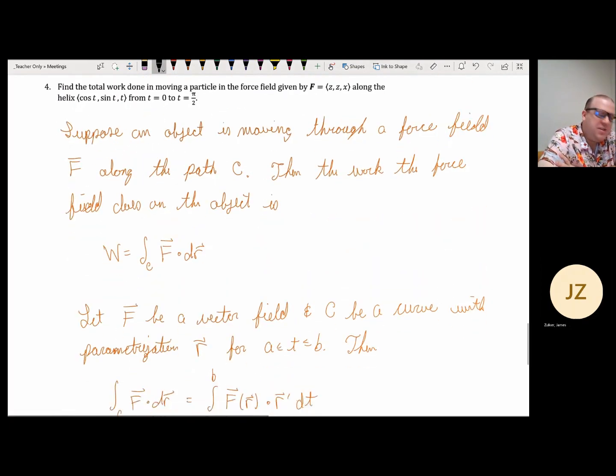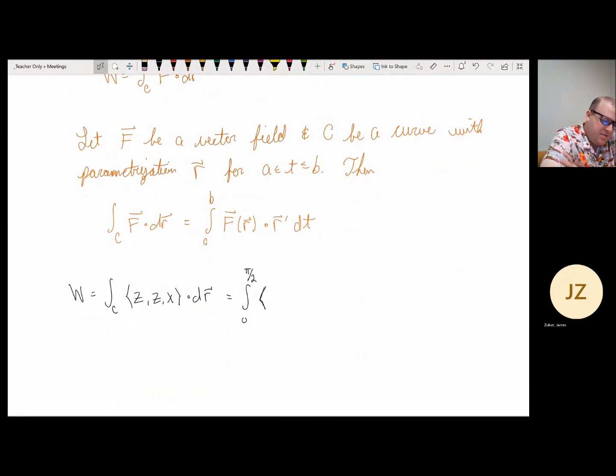Because that was the parameterization. Dotted with the derivative of the parameterization. dt.